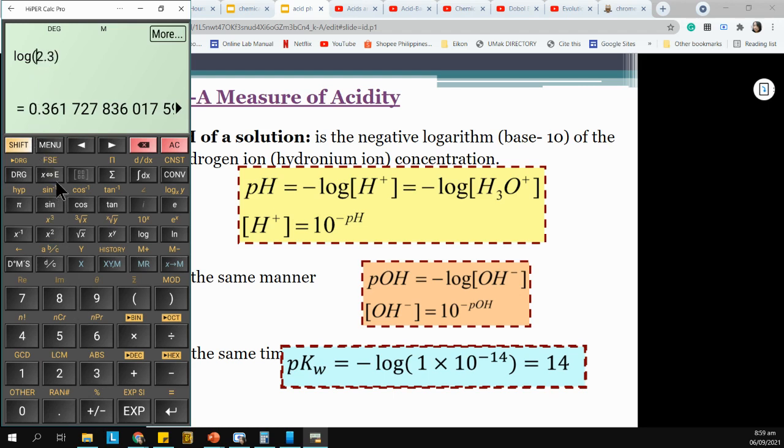Yes, Mr. Barrientos. Oo nga pala, sorry, my bad. Baligtad nga pala. Ano ba yan? Pati ako nagulo na. Shift log, negative 2.3. Ayun. Thank you. Anyways, so nakuha kanina.